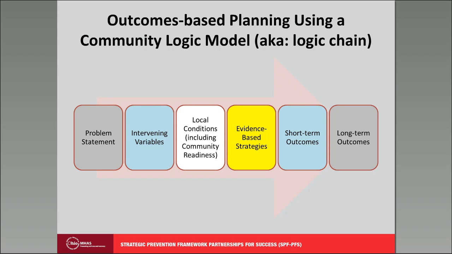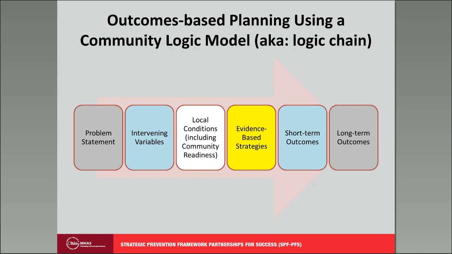By digging one step deeper, we choose intervening variables that are based upon data. So those are things like conversations between parents and their children about substance use. Those are things like perception of harm or risk related to substance use, perception of peer approval related to substance use, perception of parental approval related to substance use. Those types of intervening variables become short-term outcomes.